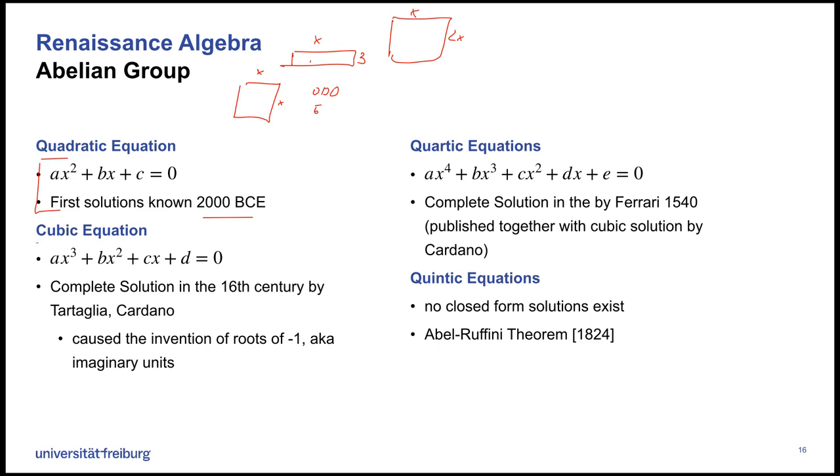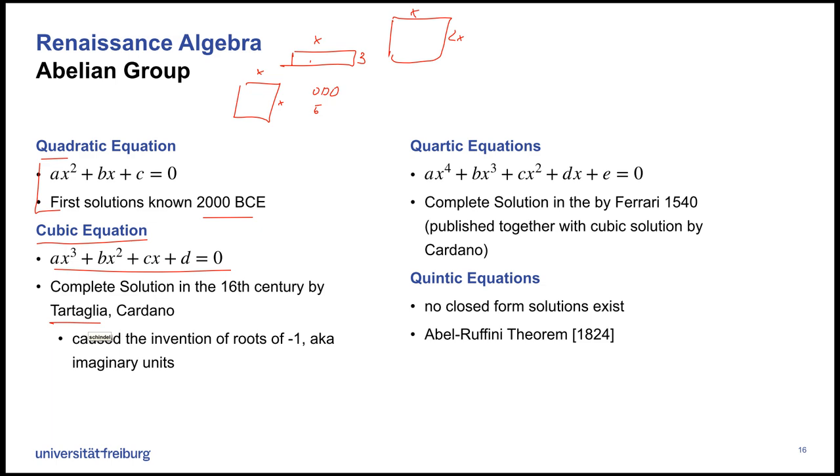Now, if you look at the cubic equation, which has this general form, the complete solution was found by Tartaglia and published by Cardano in 1540, the 16th century. The interesting story is that in those days, you wouldn't publish results.